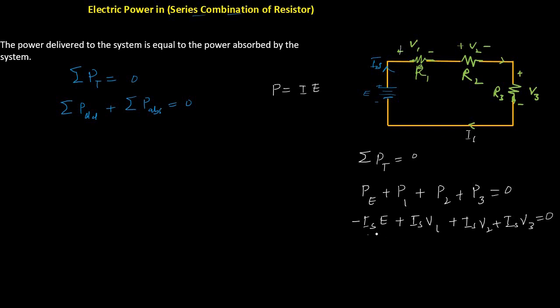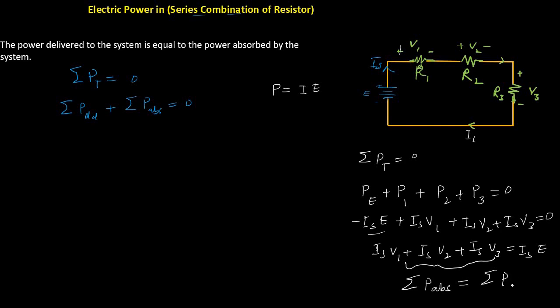Now moving this term to the other side of the equation, we get Is times V1 plus Is times V2 plus Is times V3 is equal to Is times E. So the left side is basically the total power absorbed by the system, and this term represents the total power delivered by the system.